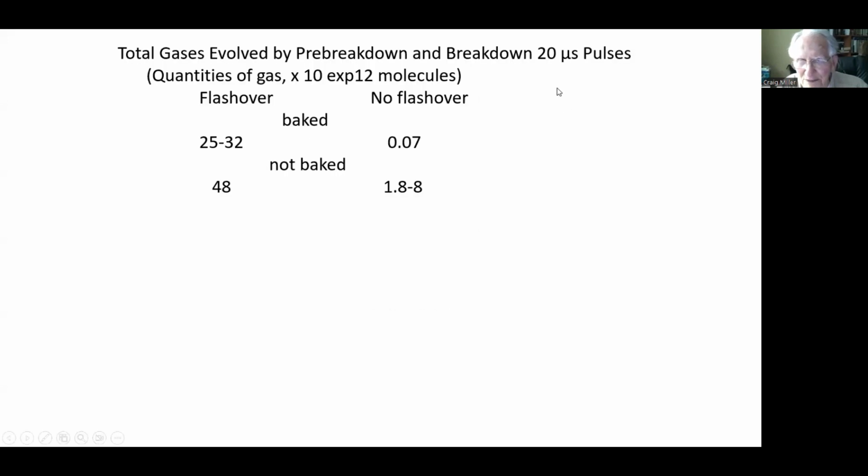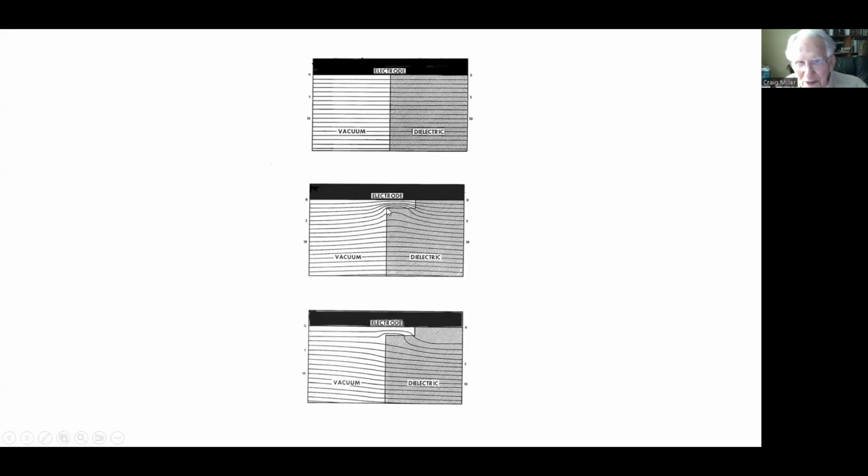The problem is, no matter how tiny the void is, in the void the relative permittivity is 1, that of vacuum, and next to it is the insulator, which is 10 times higher in the case of alumina. You get a significant concentration of equipotential lines, which causes an increase in electric field right at the cathode triple junction, and thus reduces the hold-off voltage.